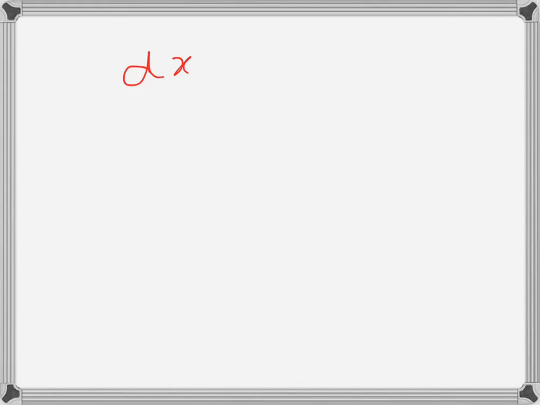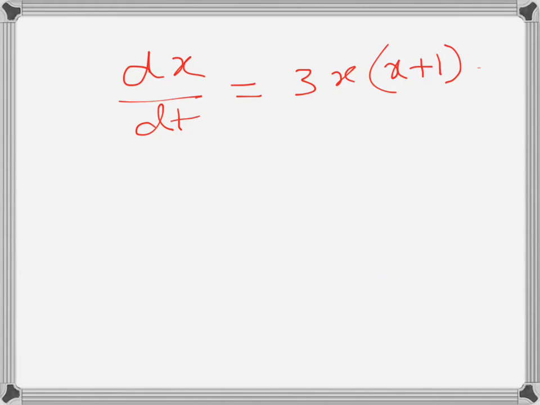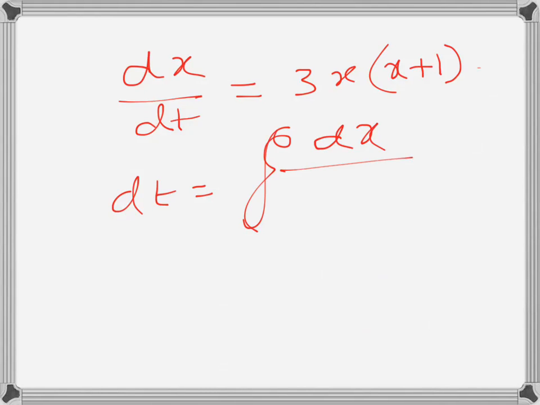So v we can write as dx over dt, which is minus 3x times (x plus 1). So dt can be written as dx over minus 3x times (x plus 1).